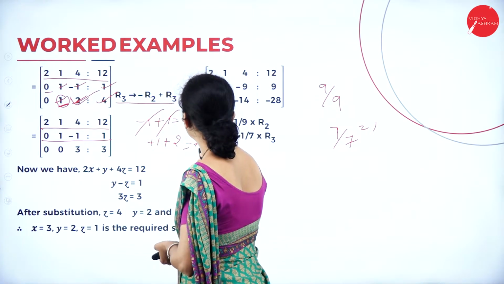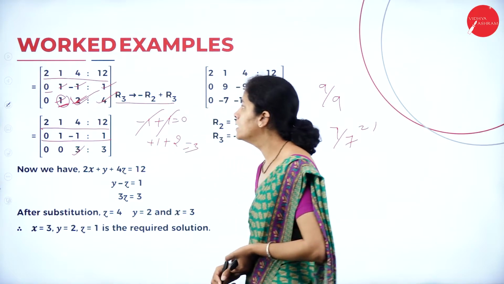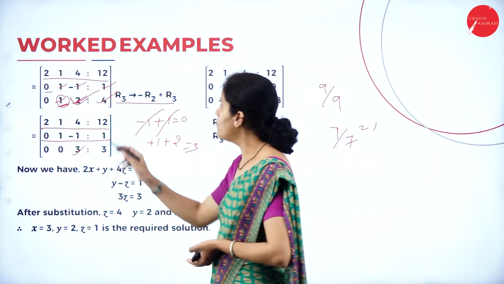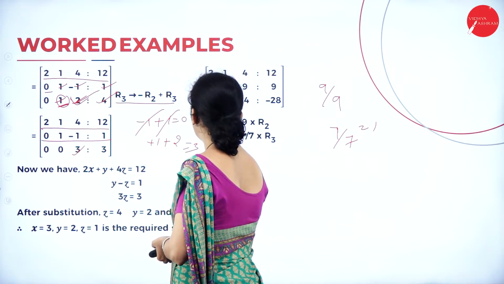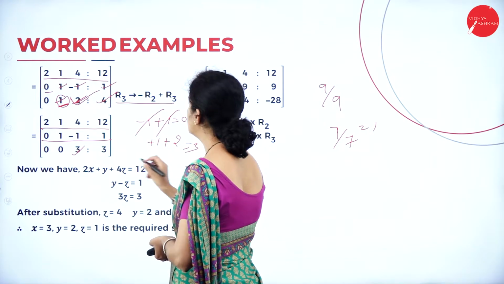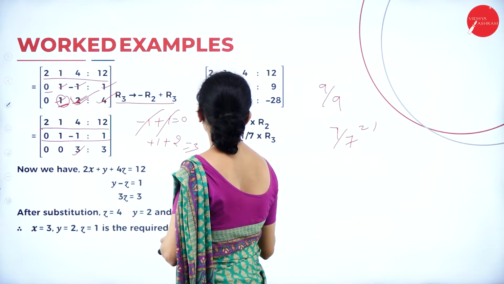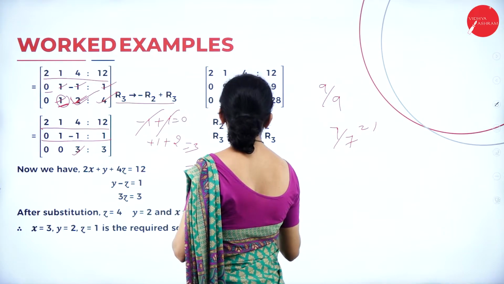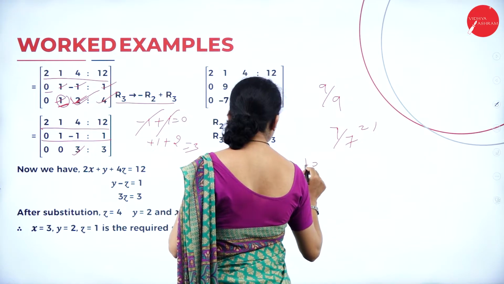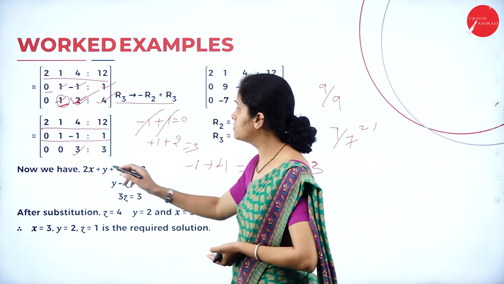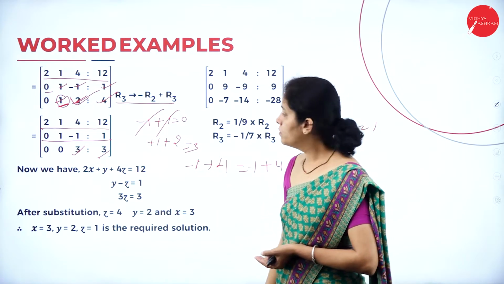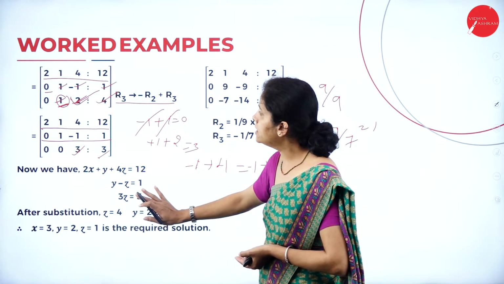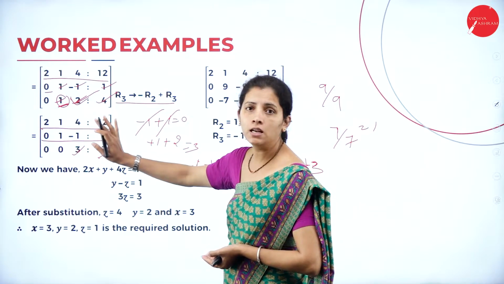So the answer is 3. I got 3. Now see here, I have 1, that is minus of 1, plus here I have 4. So minus 1 plus 4 is plus 3. So I got plus 3. Okay, fine. Now dear student, this is my final matrix.